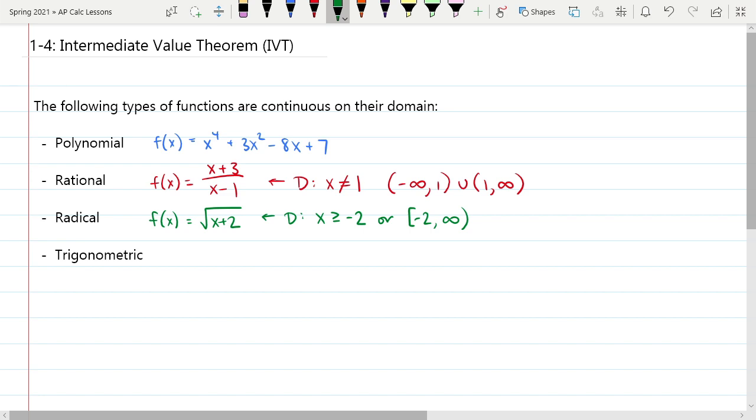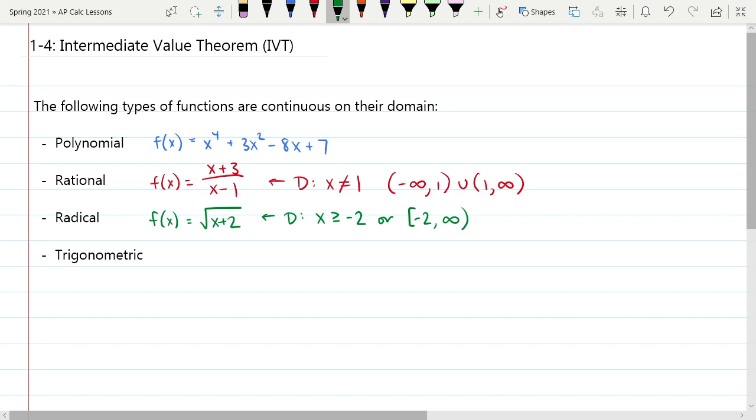Now, the reason that we care so much about talking about whether or not a function is continuous is that many of the theorems that we're going to learn throughout this course will have some conditions. And in order for those conditions to happen, we have to know more about the functions. One of the most common conditions that we're going to have for many of the theorems moving forward is that we know that the function is continuous on a particular interval.